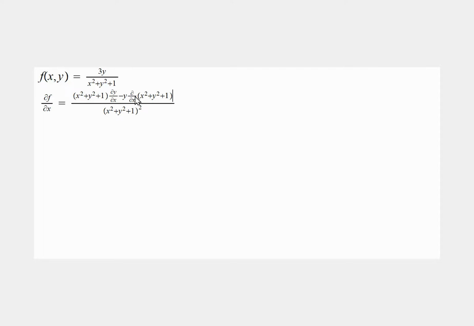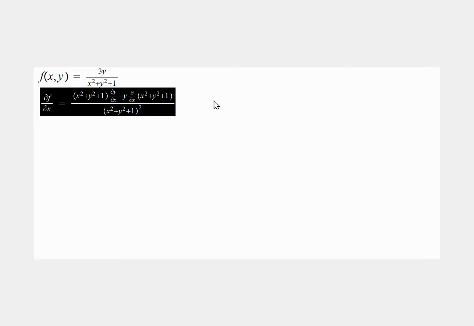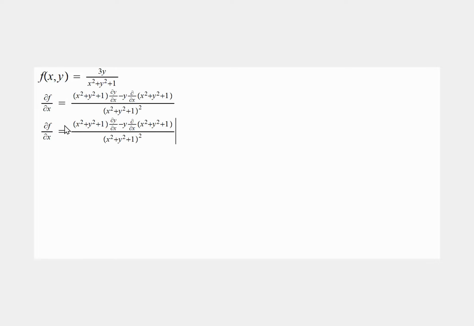If we write it again, this dy/dx is going to become 0, since y is treated as a constant. 1 already is a constant, so d/dx of this whole expression would be 2x plus 0, or simply 2x, right?